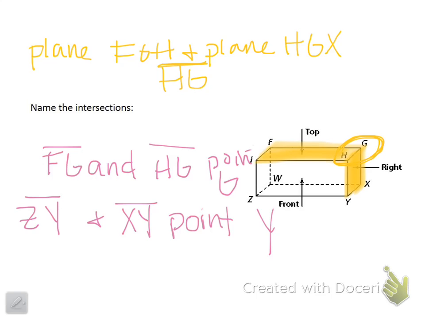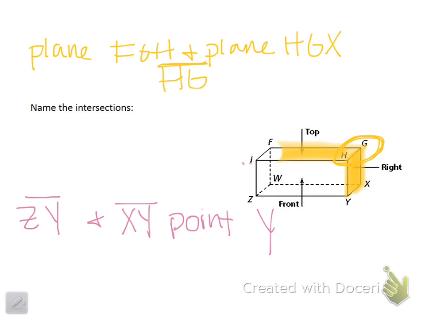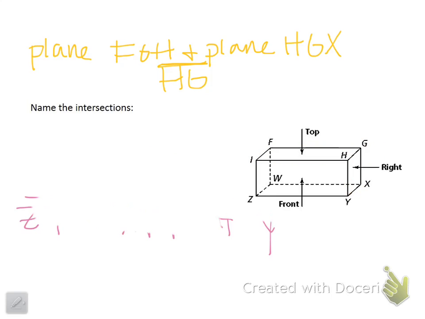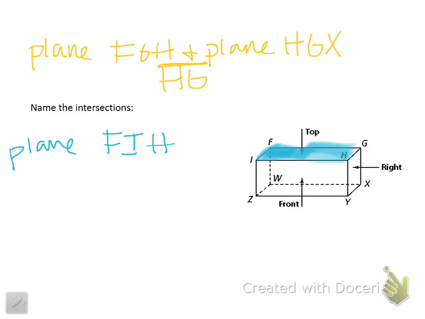How about we do another plane? I'm going to erase this so we can see it. Let's do this top plane here, plane FIH, and another plane that's going to intersect it.